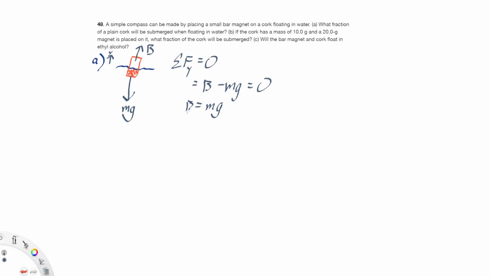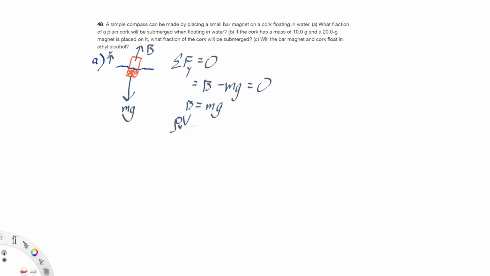Now, we know that our buoyant force that the water is going to exert is going to be equal to the weight of water that the cork has to push out of the way. So we can denote that as the density of the water that gets pushed out of the way times the volume on the left hand side, and on the right hand side we can replace this m with the density of the cork times the volume of the cork.